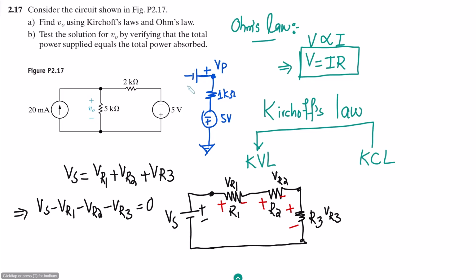Applying it here, if we consider the direction of the current like this, we can see that the current is entering through this negative and coming out of this positive, so it will be VP. Also, this is a voltage dissipating device, so plus minus, so here it will be V1K.